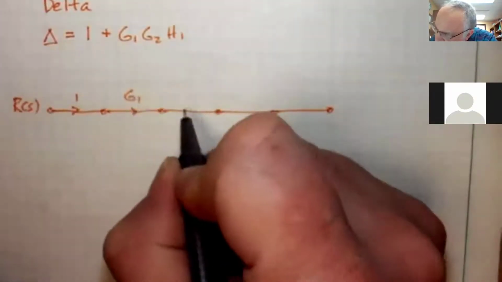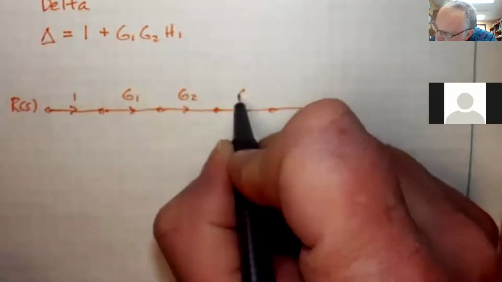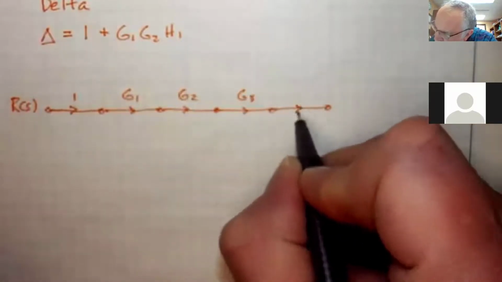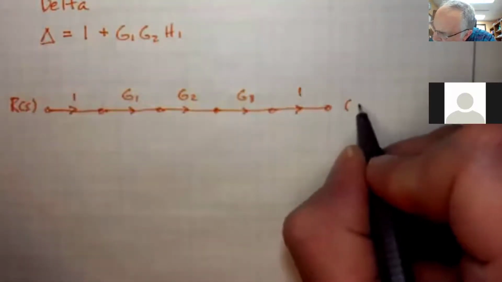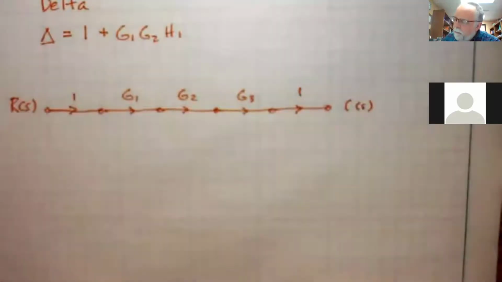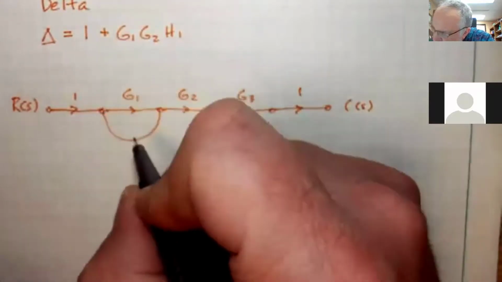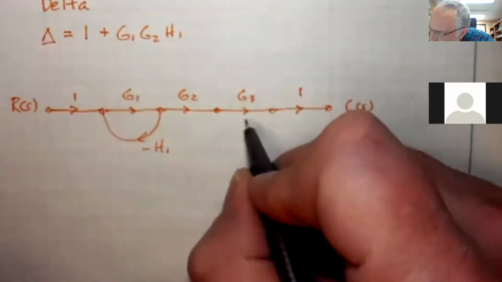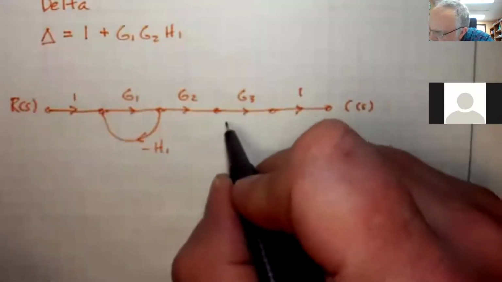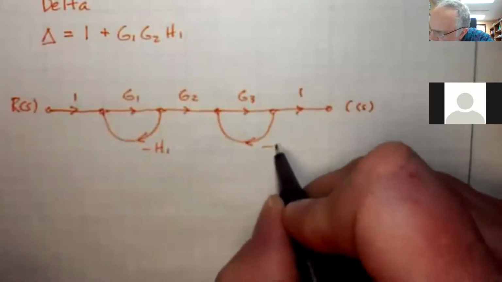This is G1, G2, G3. Make this 1 again. And this is C. That's 2 loops. So I have 1 loop here, minus H1. And we'll have another loop here, minus H2.